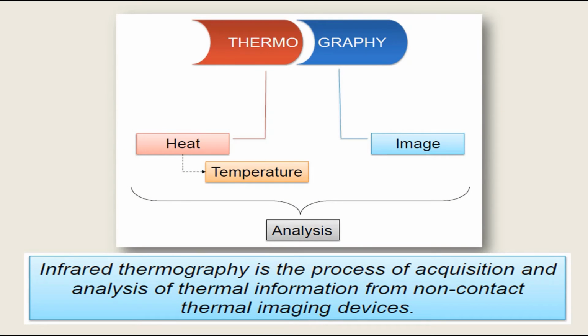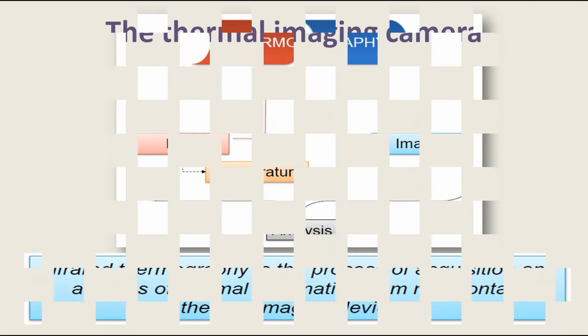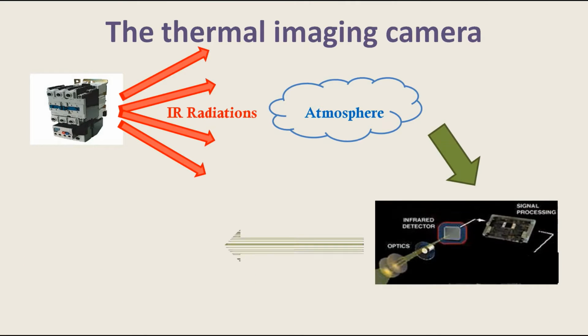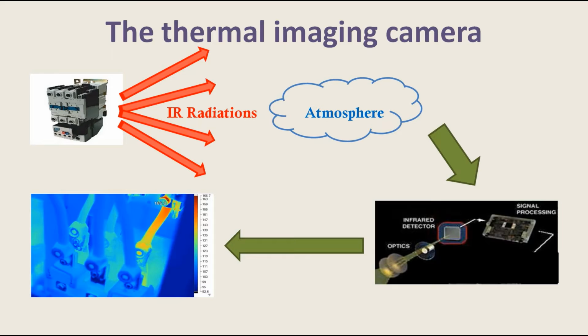Thermo means heat or temperature and graphy means image. So, thermography is analysis of thermal profile in the form of an image. A thermal imaging camera is able to capture the thermal profile of an object for analyzing the probable faults. With the help of this diagram, you will understand how a thermal imaging camera works.